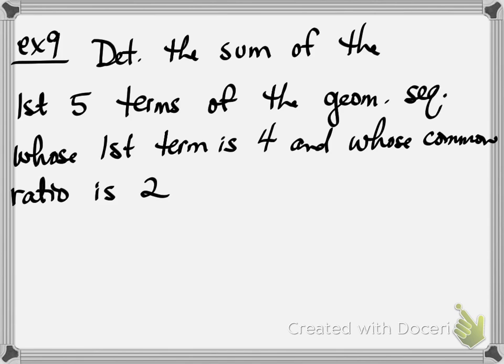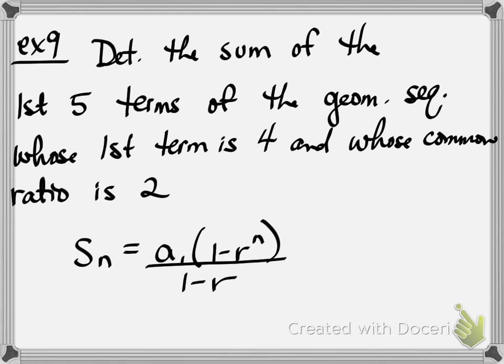So they said it's a geometric sequence and they want us to determine the sum, so that's the S sub n formula. Let's just write it down. And I will put this on the board for you. I think we know everything we need. We are doing the first 5 terms, that's our n. The first term is 4, that's our a sub 1.